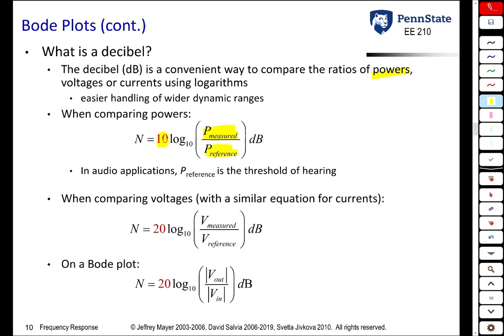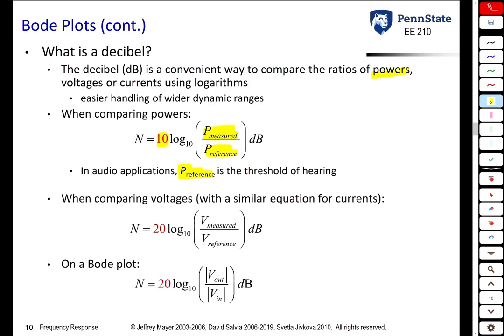In audio engineering, the reference power is a threshold of hearing, the absolutely smallest sound that you can actually hear. And so dB basically gives us a ratio of the power of the sound we're measuring versus the smallest power that you can possibly hear. dBs also show up, for example, in earthquakes. The Richter scale is a decibel scale as well.